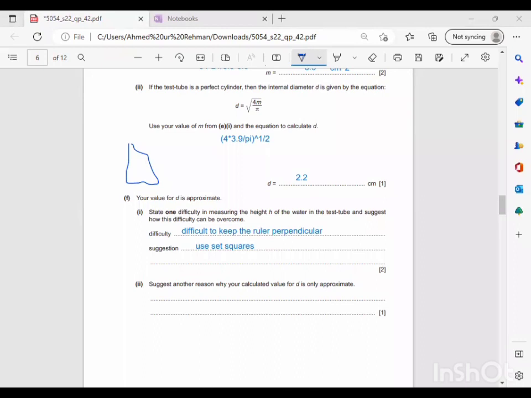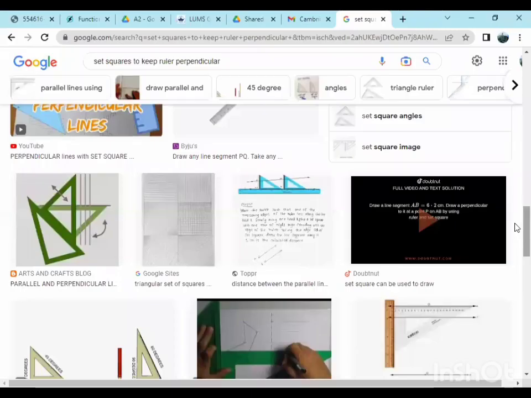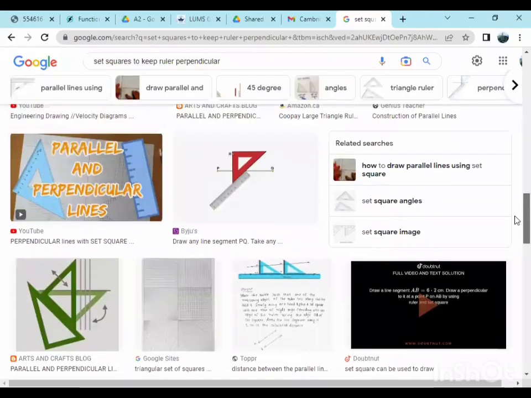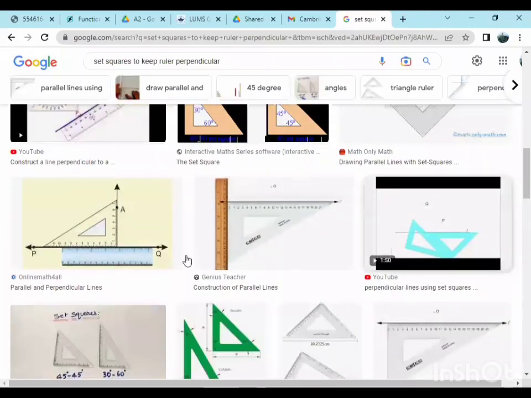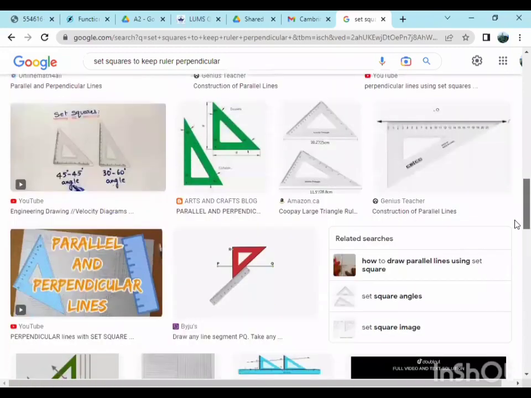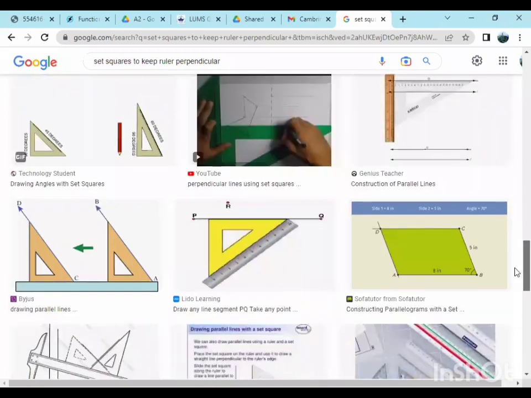Okay, wait, let me show you also. See, set squares are basically these things. See, they're used to keep rulers perpendicular. So we can easily use that.